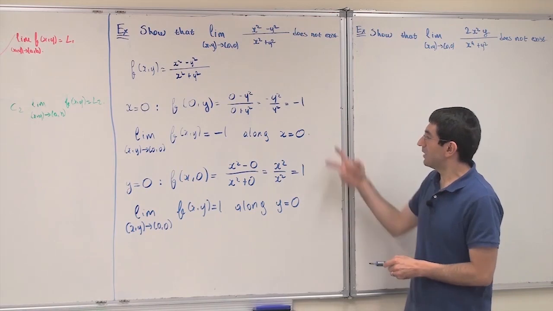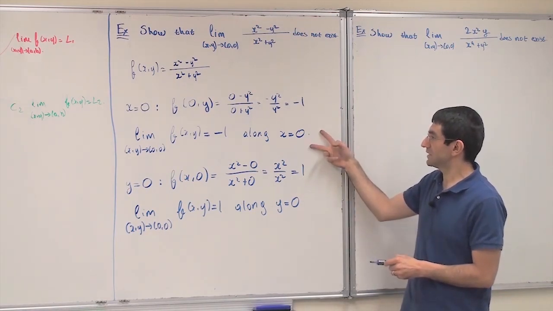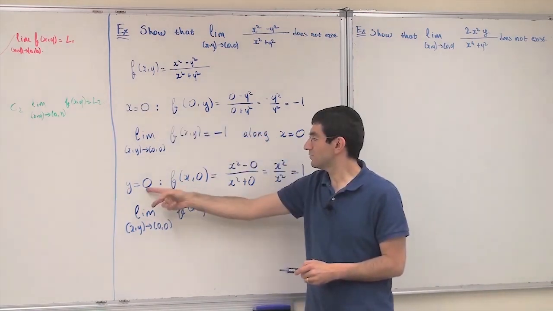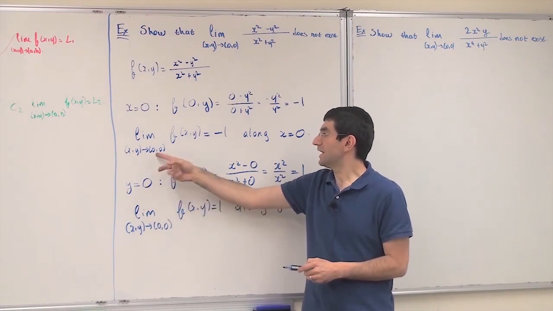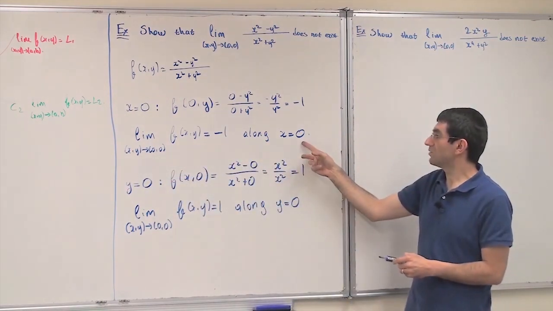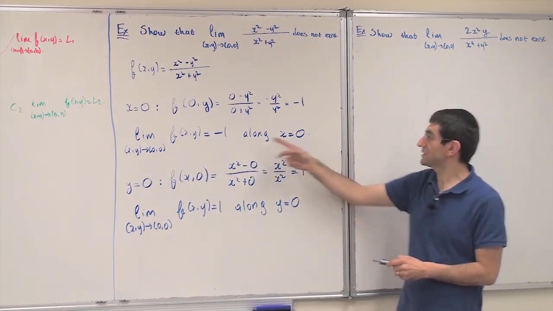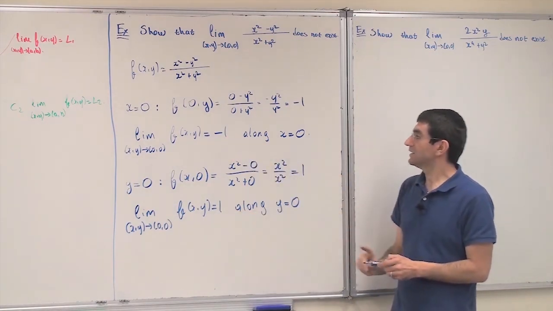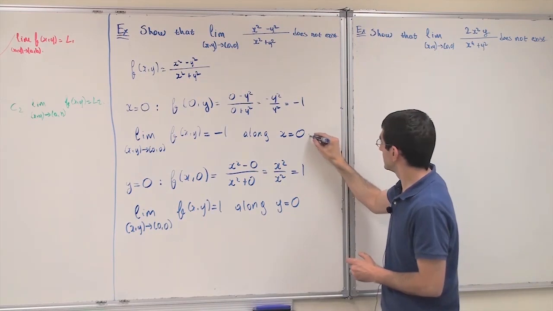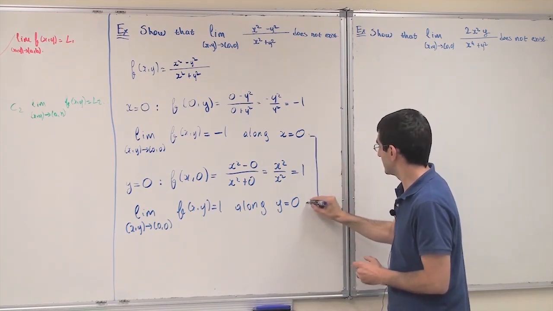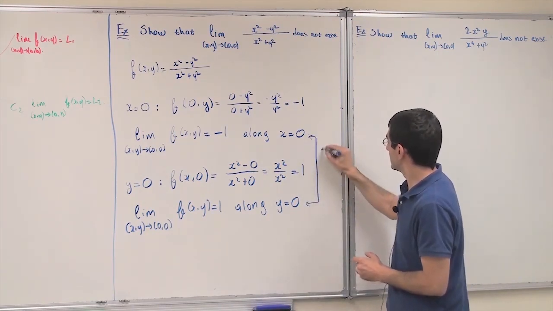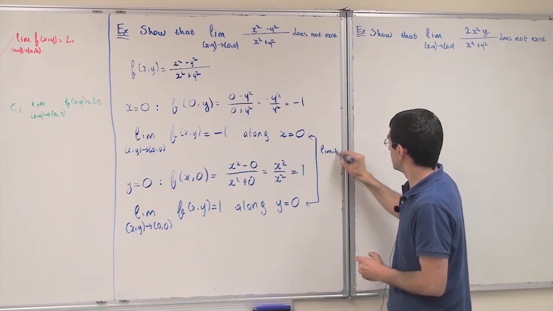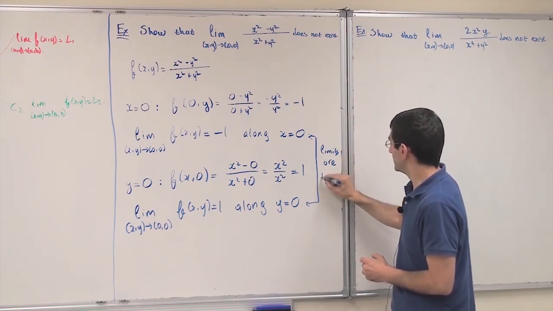So now we have found two distinct paths, x equals 0 and y equals 0. And along those paths, our function had limits negative 1 and 1. They are distinct. So limits are different.